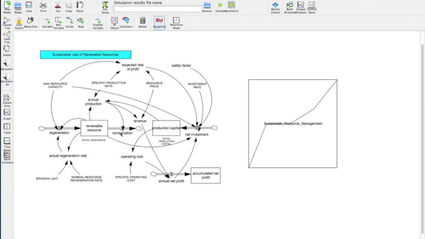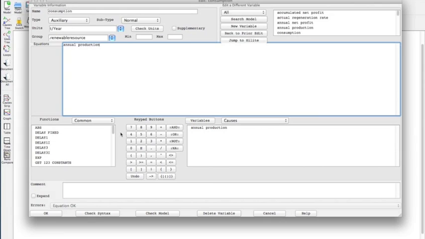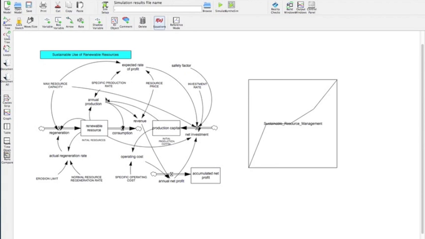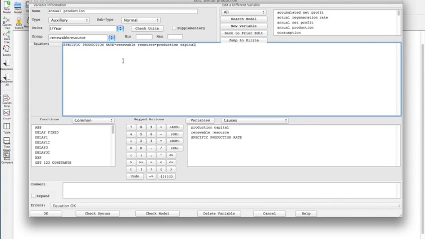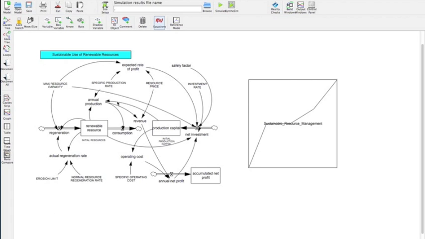Let's look at consumption of the renewable resource. And the consumption is equal to the annual production. And the annual production here is computed as the renewable resource multiplied by a couple of things. In order to produce, you need some capital, some production capital that comes from one of the other stocks. And there's a specific production rate variable here.